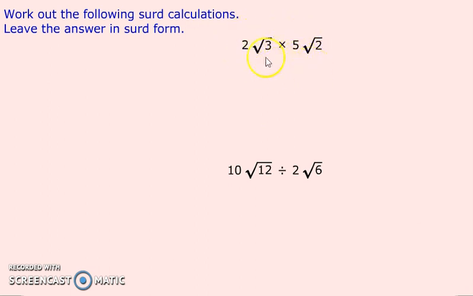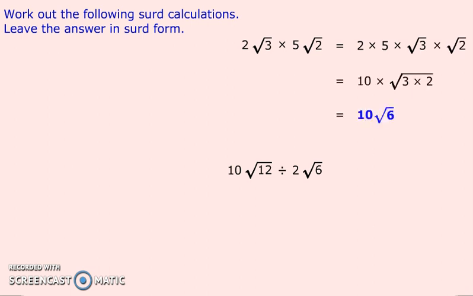So 2 times 5 is 10. Square root 3, square root 2, they both have the same powers, so we can multiply them together. So when you multiply together, you'll get 10 times square root of 6. That's the right answer.